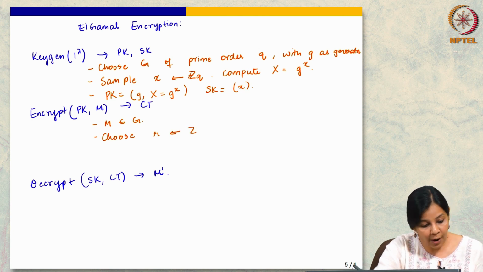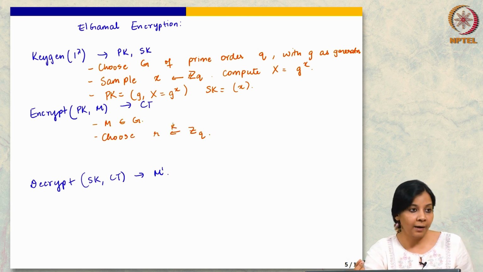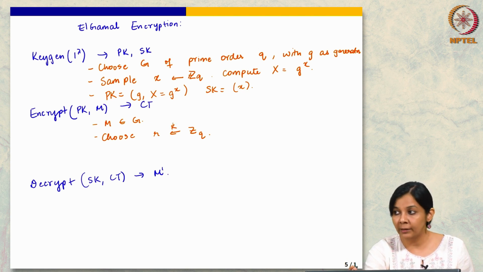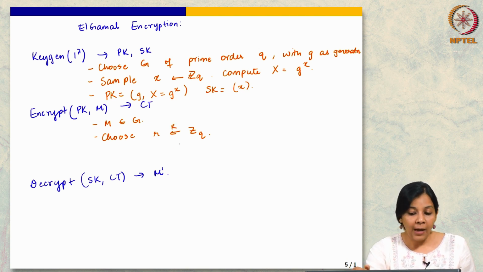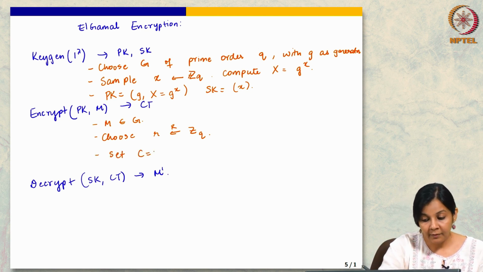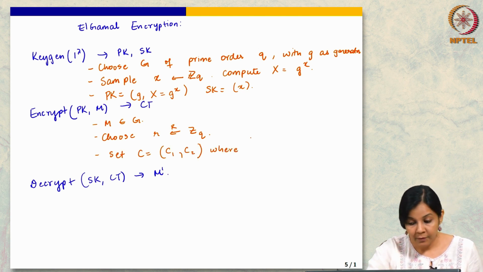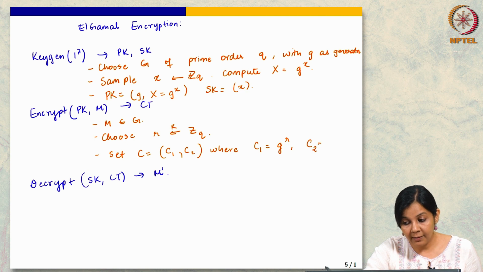Now this has to happen somewhere, right? Because we already discussed how encryption has to be randomized. So I will sample some random r, and I will set C as C1, C2, where C1 is g to the r and C2 is M times X to the r.